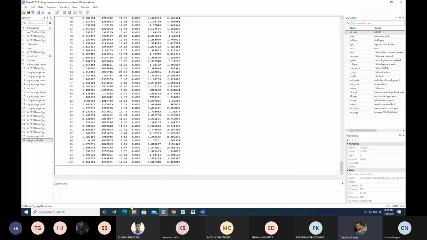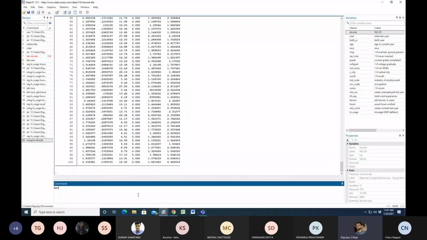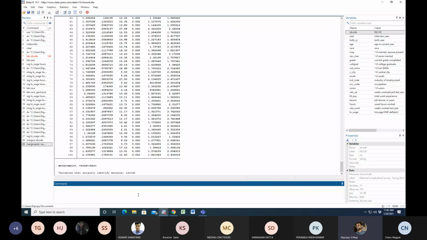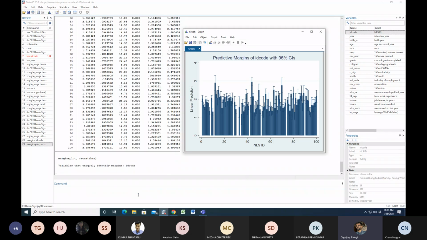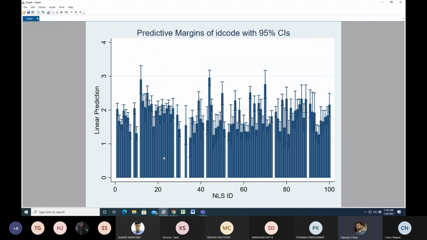You can also plot these with marginsplot. We can plot these fixed effects in a graph to see the variation across individuals. Here is the variation in these fixed effects across individuals. See, there is quite a lot of variation here.